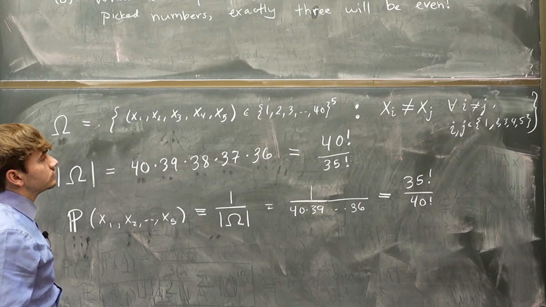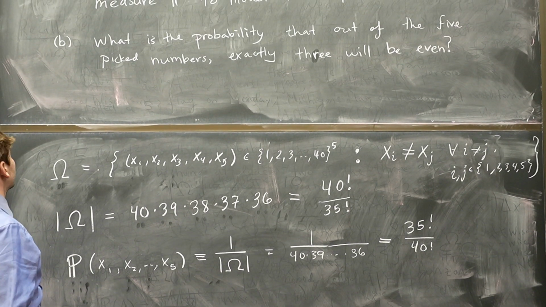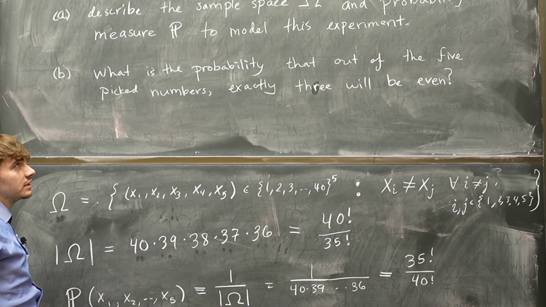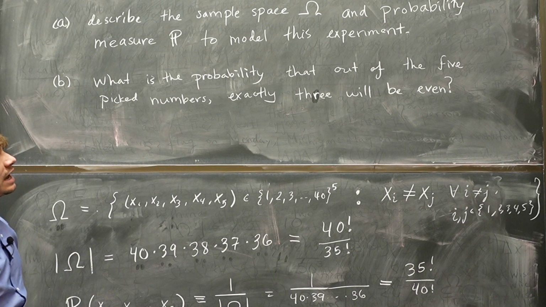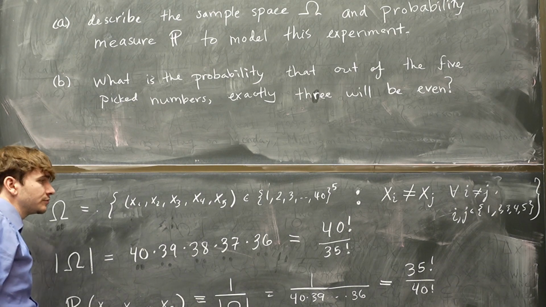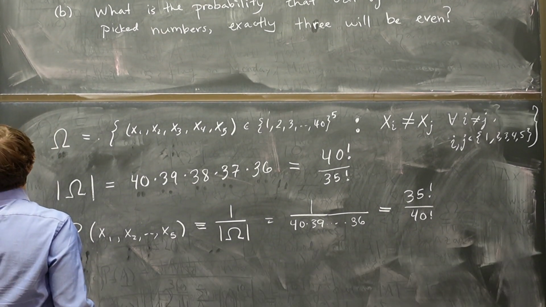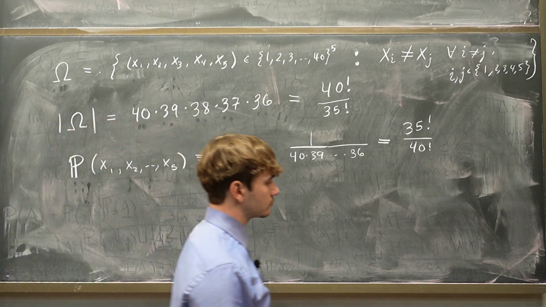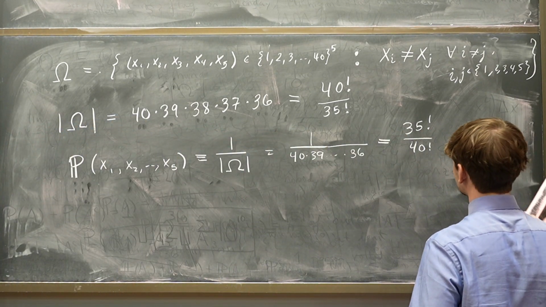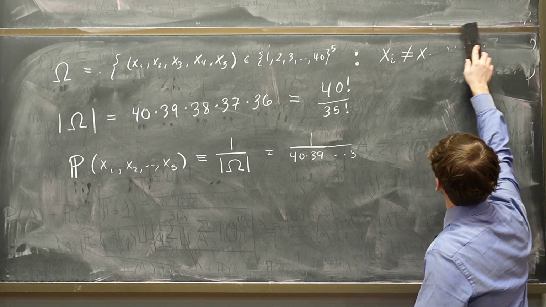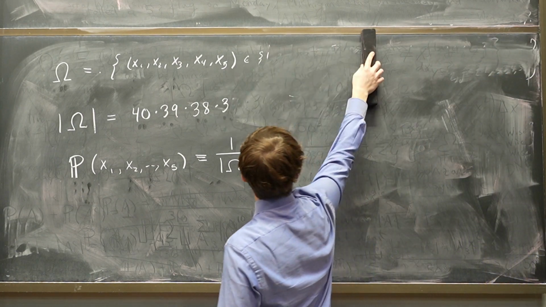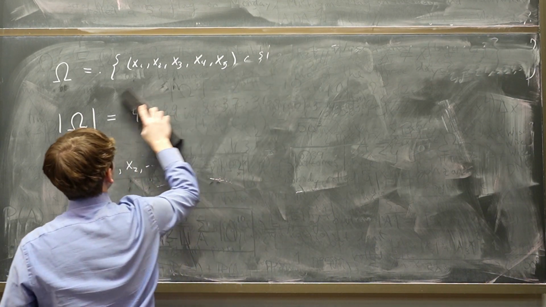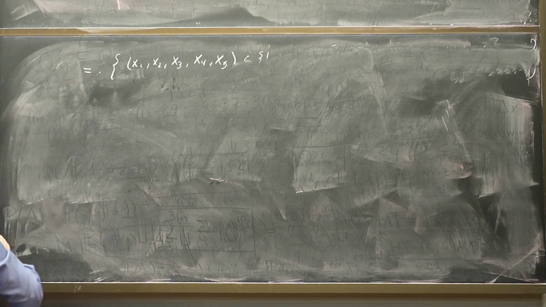So I'll just recall part B for you. Part B says, what is the probability that out of the 5 picked numbers, exactly 3 will be even? All right, so let's look at this event.